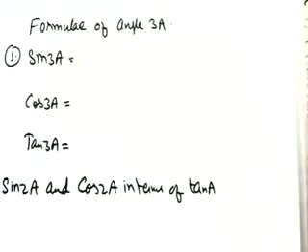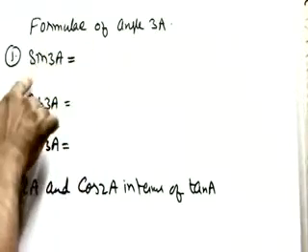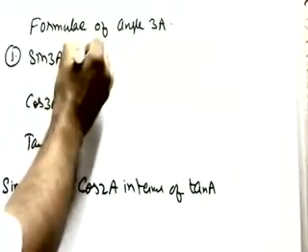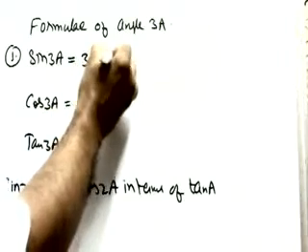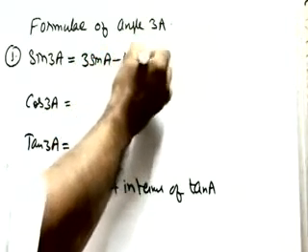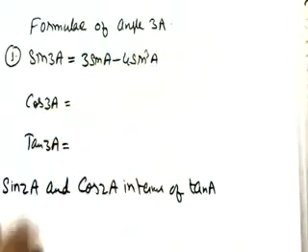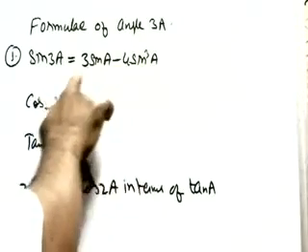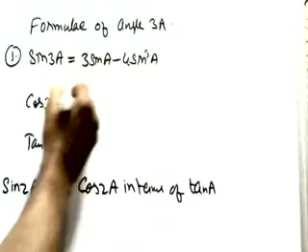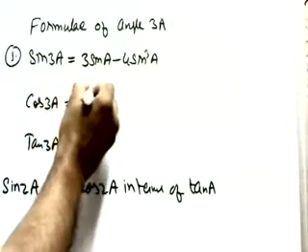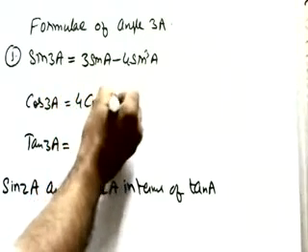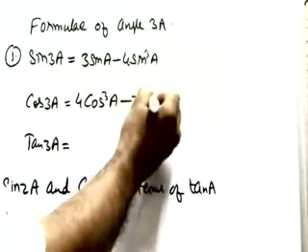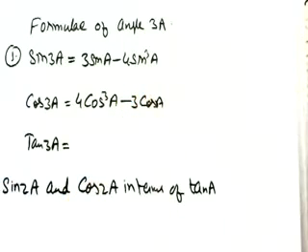Now, we have just seen the formulas of 2a. Sometimes in some questions we also have to use the formulas of 3a. So sin 3a is 3 sin a minus 4 sin cube a. If you want to remember cos 3a by heart, the reverse: 4 cos cube a minus 3 cos a.